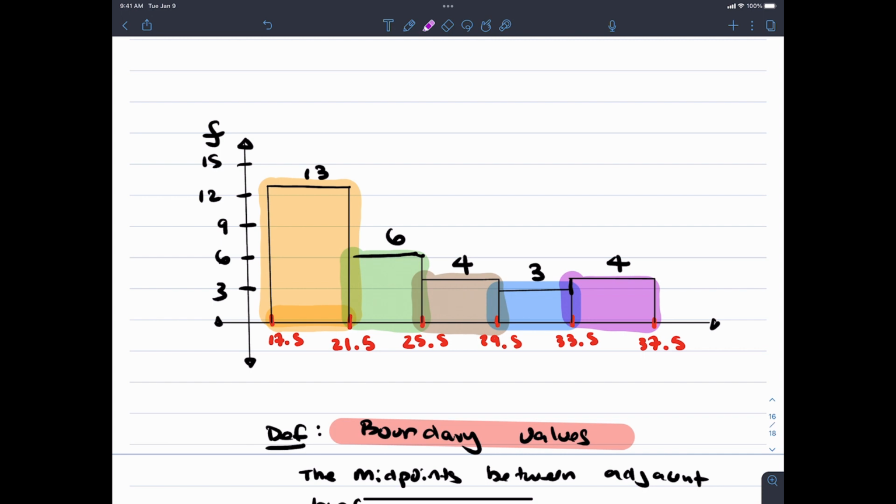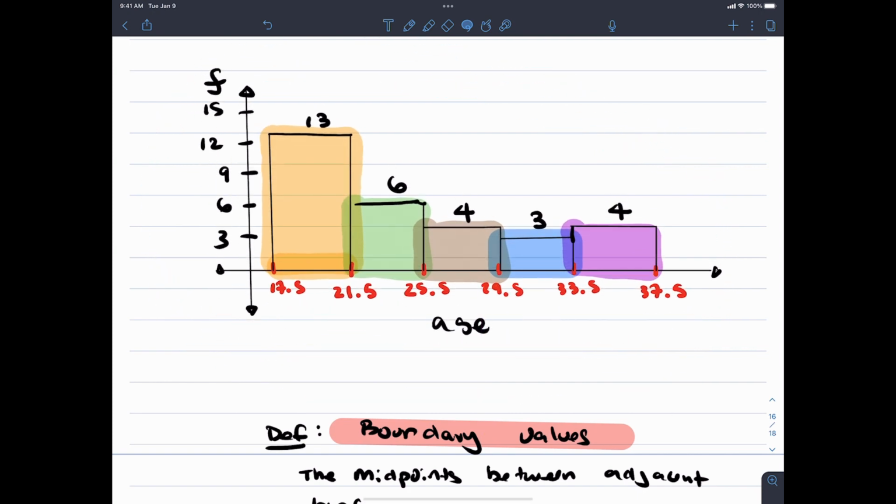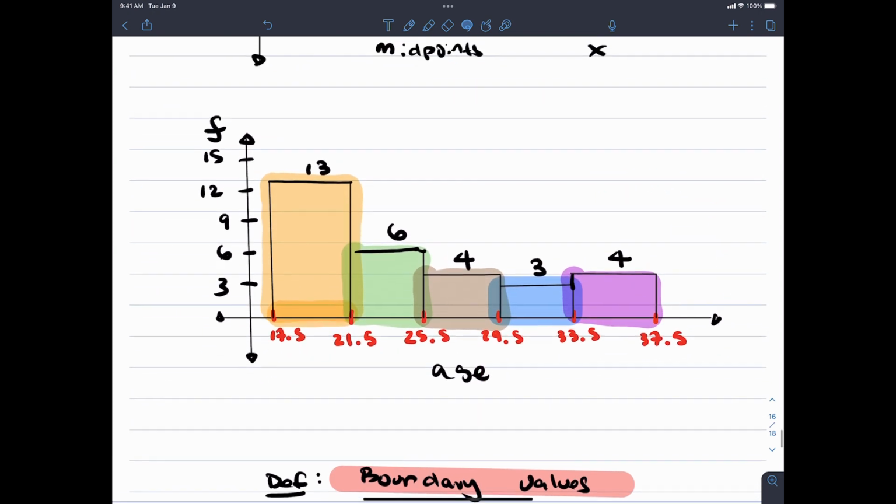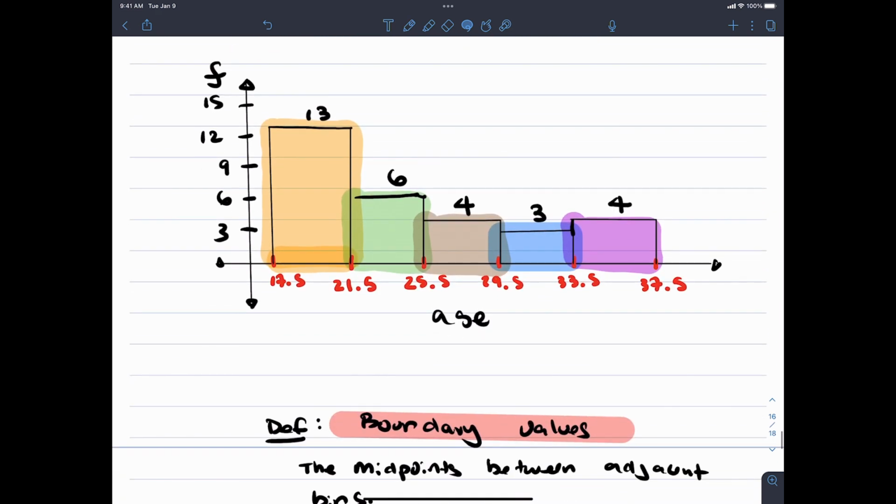And ladies and gentlemen, you are looking at, and again, this data represents what here? Ages here. So we just drew a bar chart, formerly known as a histogram. Okay. But these bars, the cityscape, doesn't have any alleys, okay?